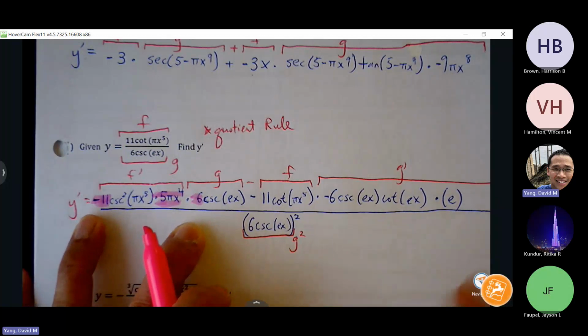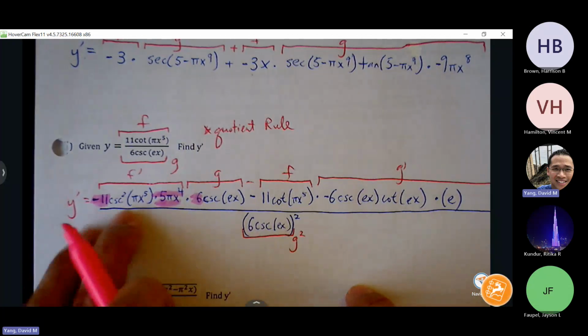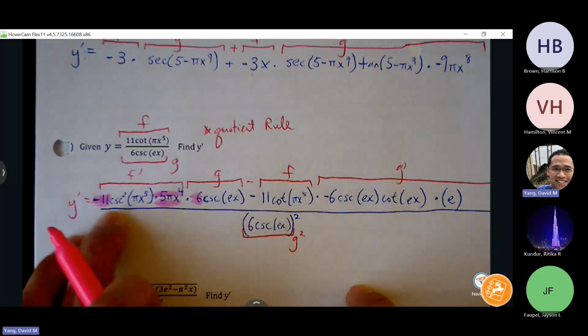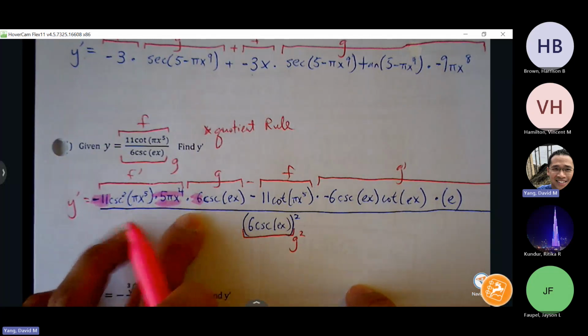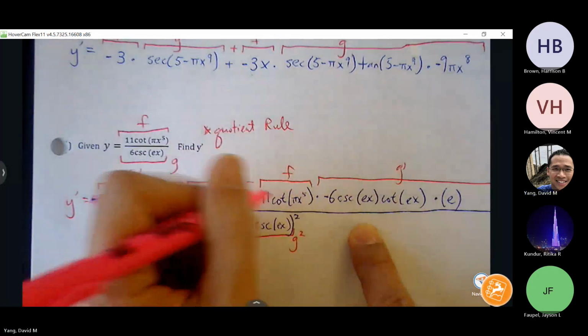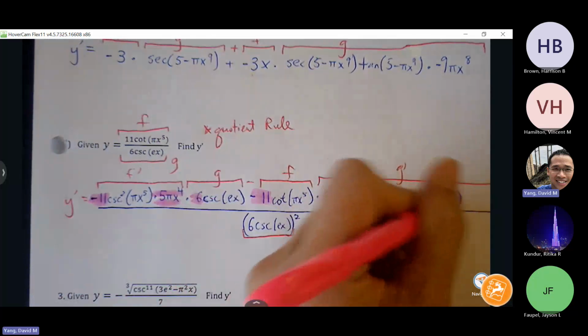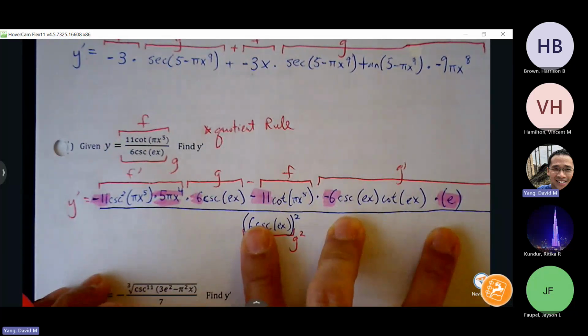Now, I know I'm not going to give you a calculator, so you can just pull all that in front. You don't have to spend the time to multiply that. You can just say negative 11 times 5 pi times 6, but it ends up being negative 330. And over here, the negative 11, the negative 6, and the e can be pulled out in front as 66e.